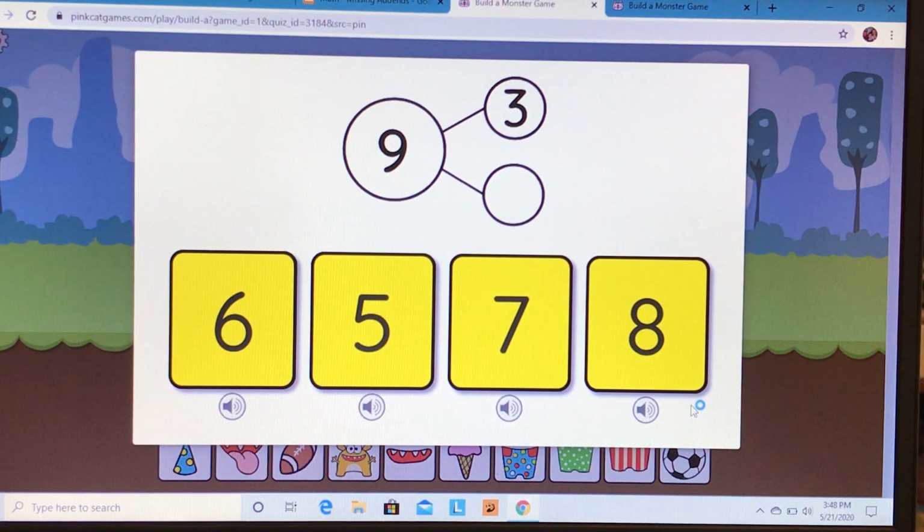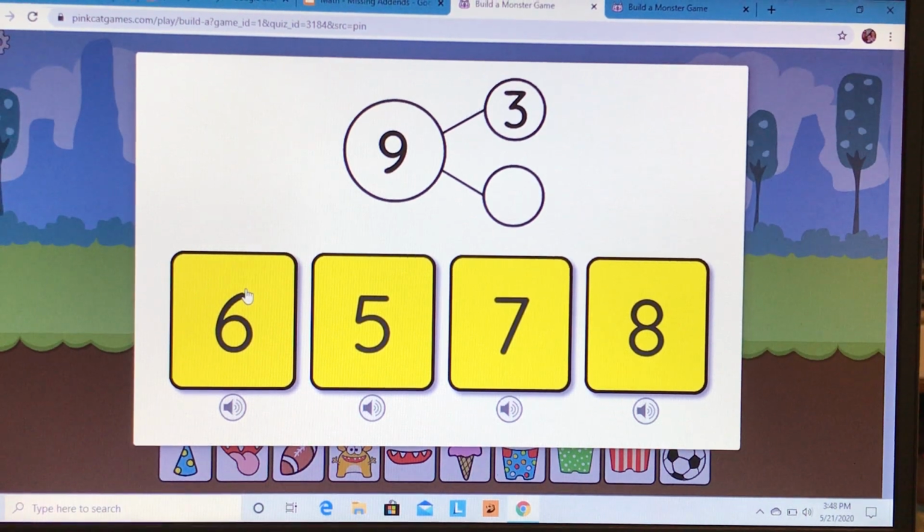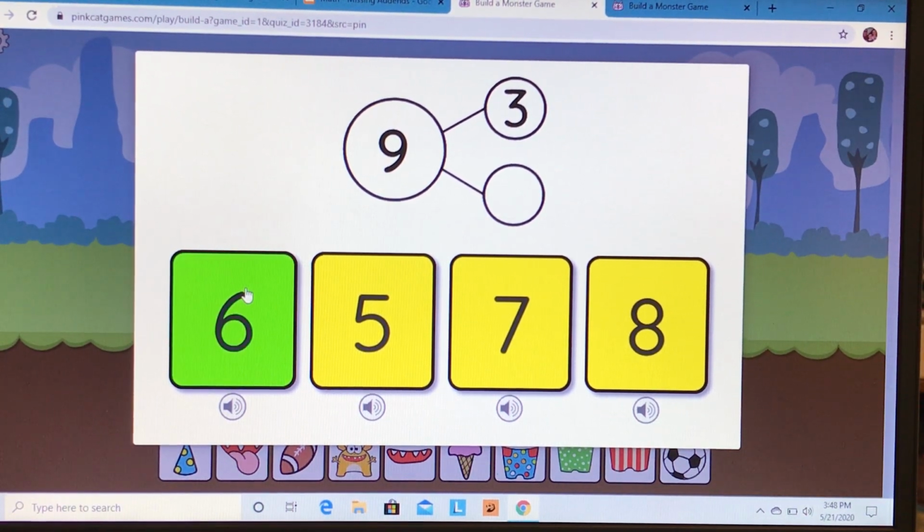All right, so start with your first one and see if that works. If we have 3 and we add 6 to it, let's think about what it makes. Let's start with the bigger number. So 6, and let's count on 3. 7, 8, 9, and that's the number we make. So always start with your first number and work your way down.